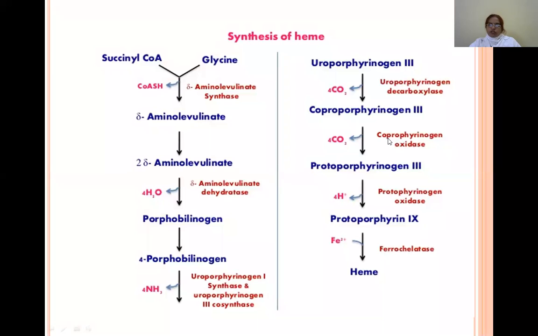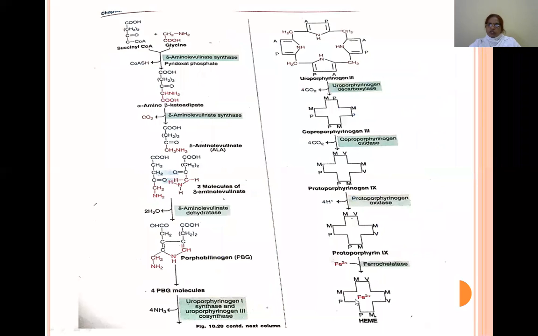Now see the conversion of uroporphyrinogen 3 to protoporphyrin 9. Here uroporphyrinogen decarboxylase decarboxylates the 4 acetyl side chains, 1, 2, 3, 4.